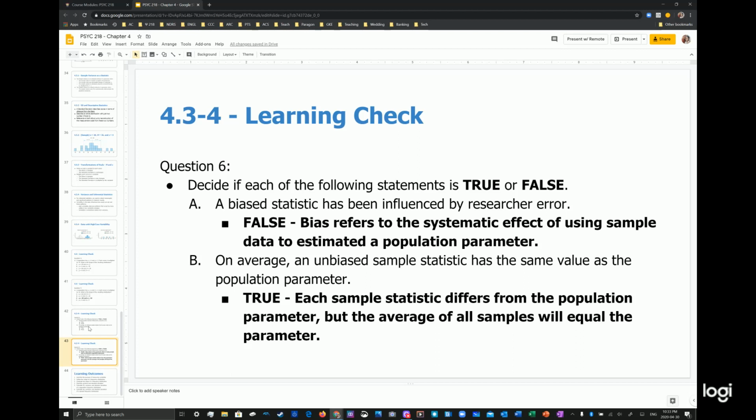And I'll just finish by reading the point here, that each sample statistic differs from the population parameter. But if we average all the samples out, all of them, this would mean doing this an infinite number of times. This is what we mean by all. If we average all those out, that is the mean of the sample means, that would equal the population parameter, because we do this infinite times and for all the samples, and that means eventually we would grab everybody.